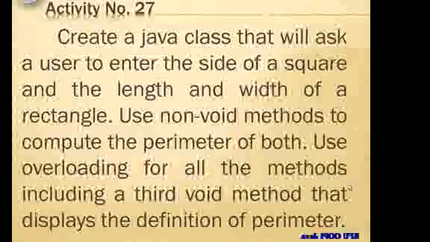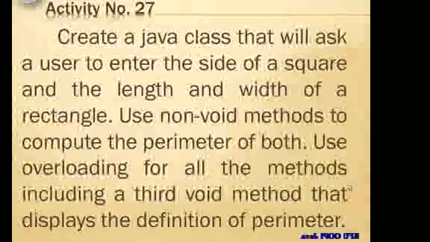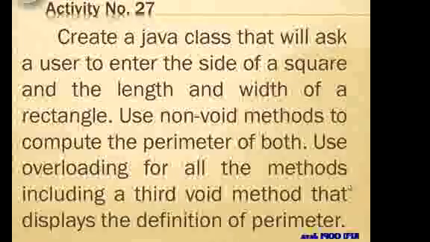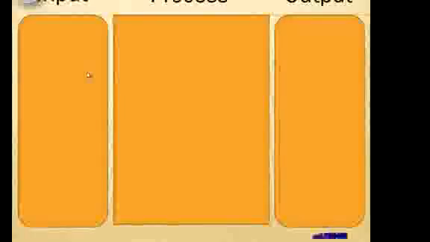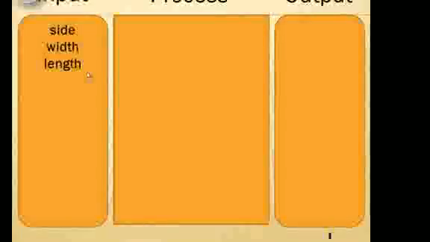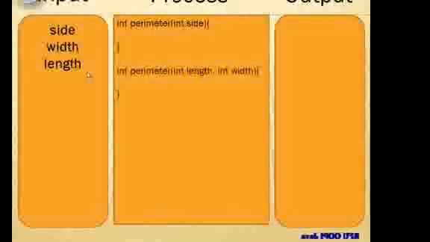So, in this activity, we're going to have three methods, but of the same name. Let's do it. We will have three inputs here, the side of the square, and the width and the length of the rectangle. The process is simple computations of the perimeter, but the more important thing to consider here is that there should be three methods with the same name.